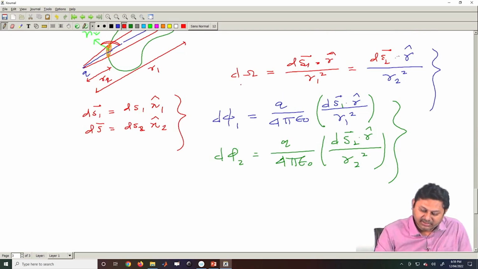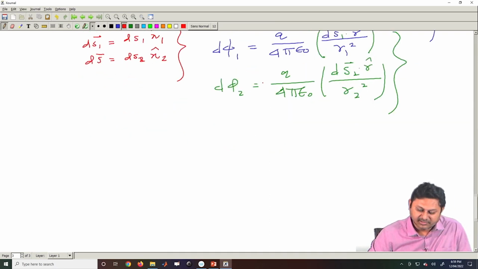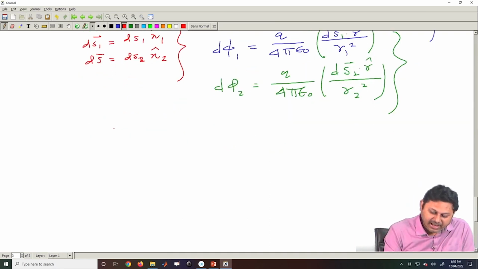One case d omega is positive and the other it is negative. So, d phi 1 is equal to minus d phi 2.